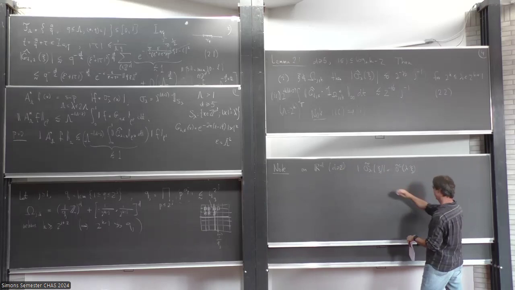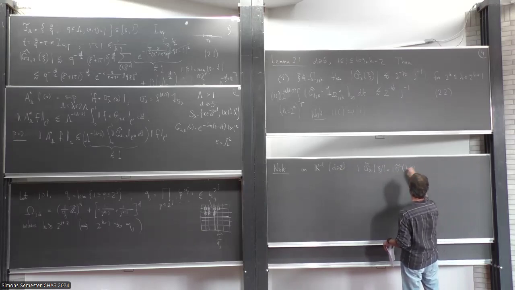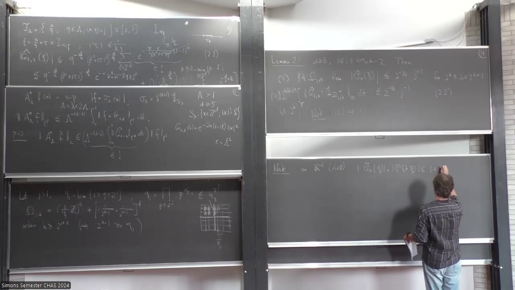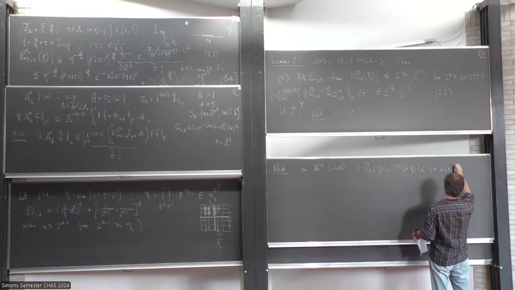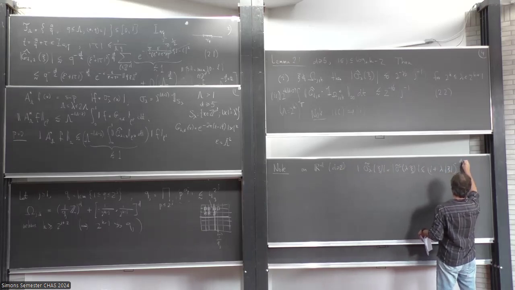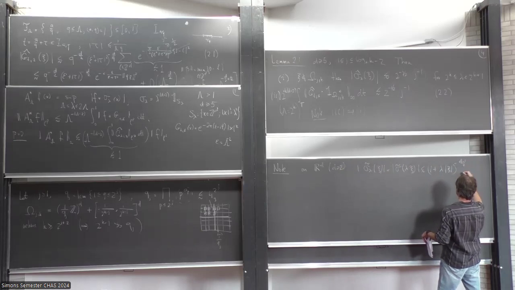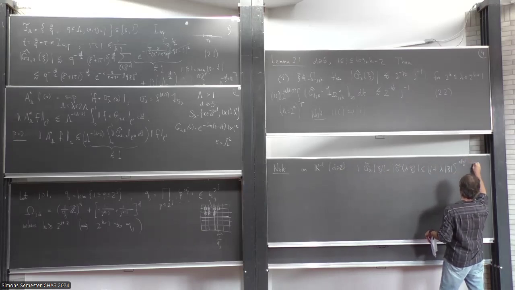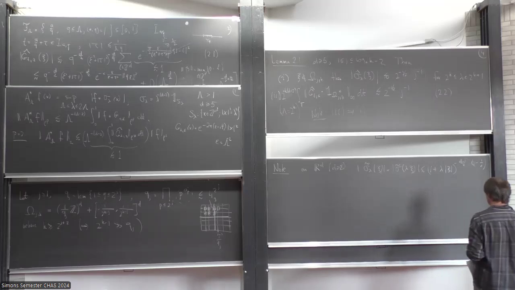This is normalized measure on the sphere of radius lambda, which is by stationary phase bounded by 1 plus lambda c to the minus d minus 1 over 2.